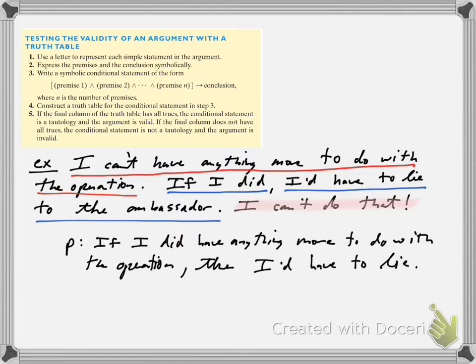I'm not going to finish that statement just to save time. My other axiom is I can't do that, meaning I can't lie, correct? So my other axiom is I can't lie.